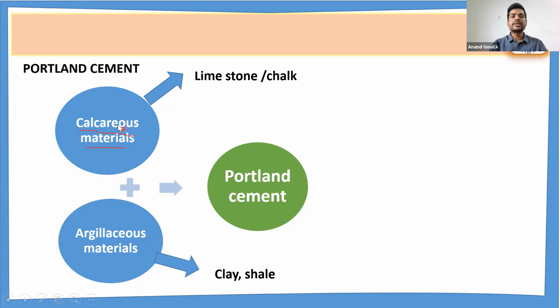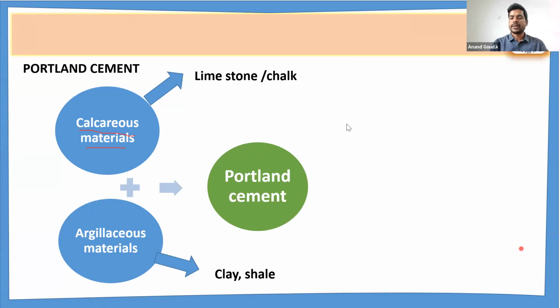While manufacturing cement, approximately 80% is occupied by these two materials only, calcareous materials and argillaceous materials. By grinding these two materials, we are going to get Portland cement.